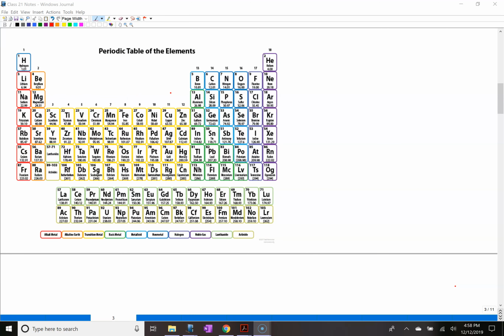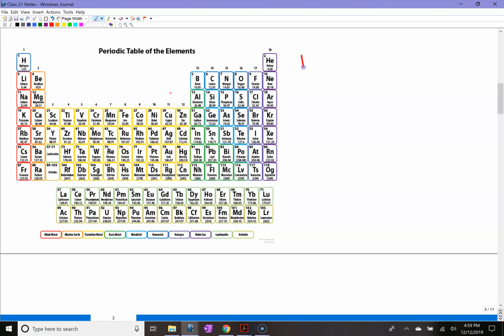Just like I can find out the mass of one atom of carbon using the atomic mass on the periodic table, if I use the unit AMUs, then I would know that one atom of carbon has a mass of 12 AMUs. I can also find the mass of 1 mole of an atom by using the atomic mass and using the unit grams.